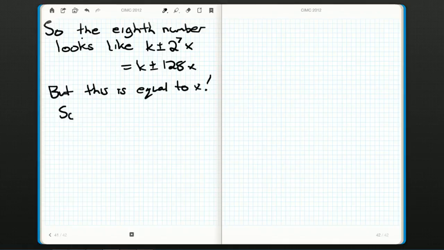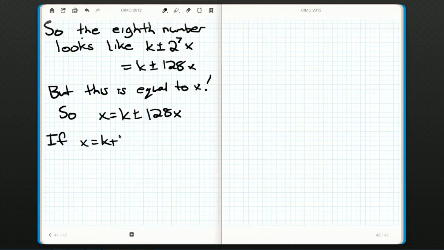So x looks like this. Okay. So now we have possibilities. We can start solving and trying to get a fraction here. That plus or minus makes it very difficult to try and isolate what x is.